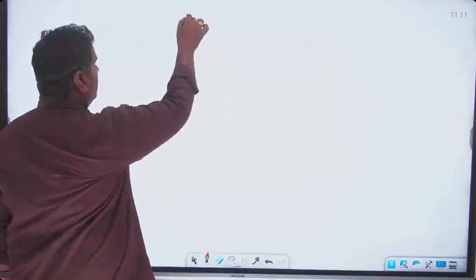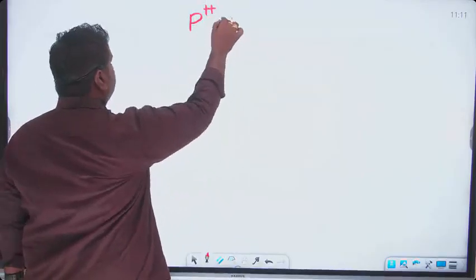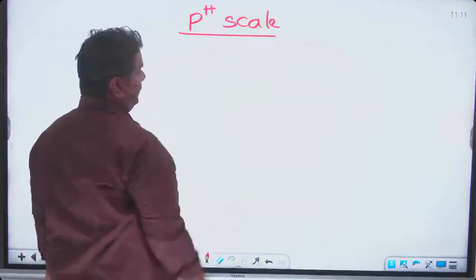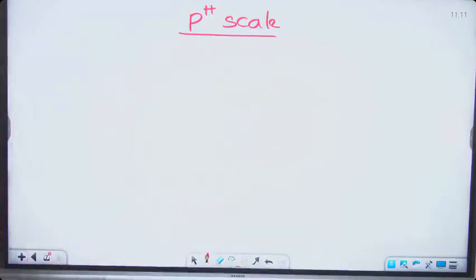Now apart from these particular indicators, to identify a particular acid or base, we even have got one particular scale which is known as pH scale, to identify a particular given substance. Whether it's an acid or base, we even have got a pH scale.